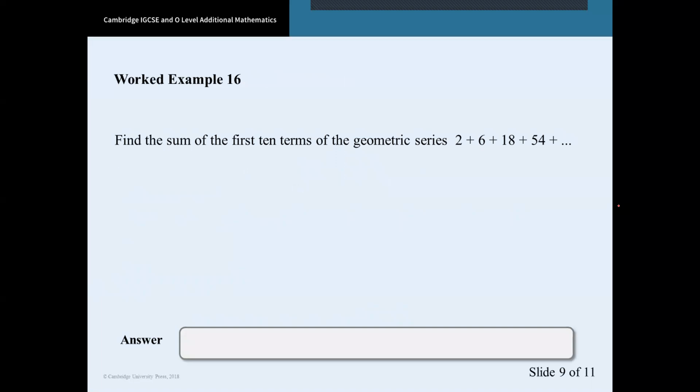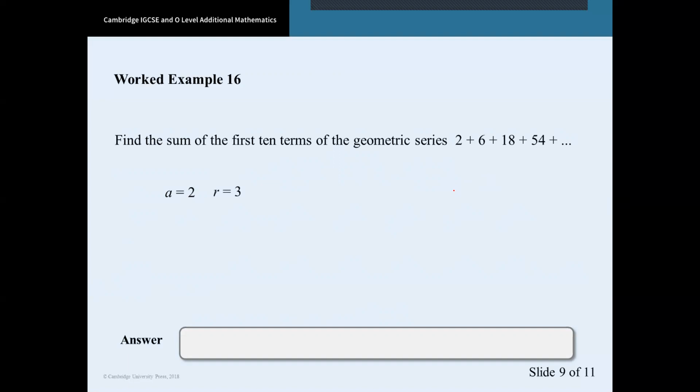Now let's check the worked example. Find the sum of the first 10 terms of the geometric series 2 plus 6 plus 18 plus 54 plus dot dot dot. From what you can see, my first term is equal to 2, my r is equal to 3.